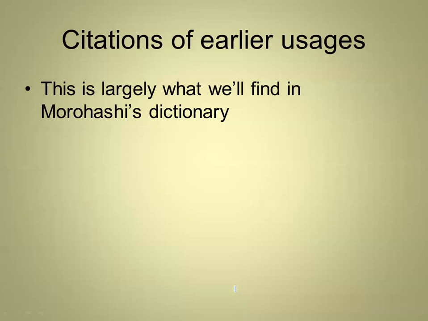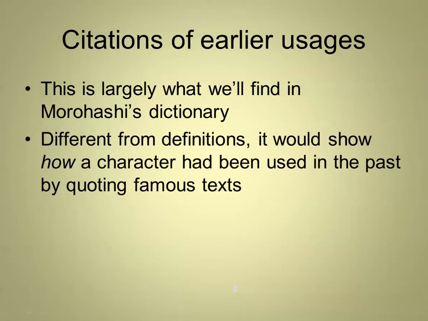So with the lack of definition in the dictionary, earlier usages are kind of like the next best thing. They are different from definitions because it shows how a character has been used in the past by quoting famous texts, but it does not tell you specifically the interpretation of what that character is supposed to mean in that context. That would be up to the scholar himself to determine.